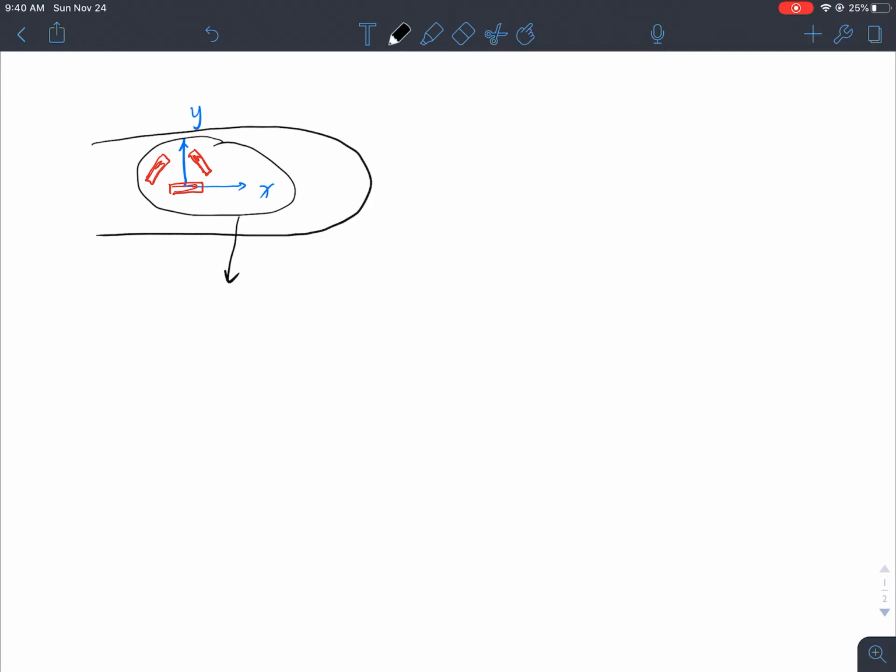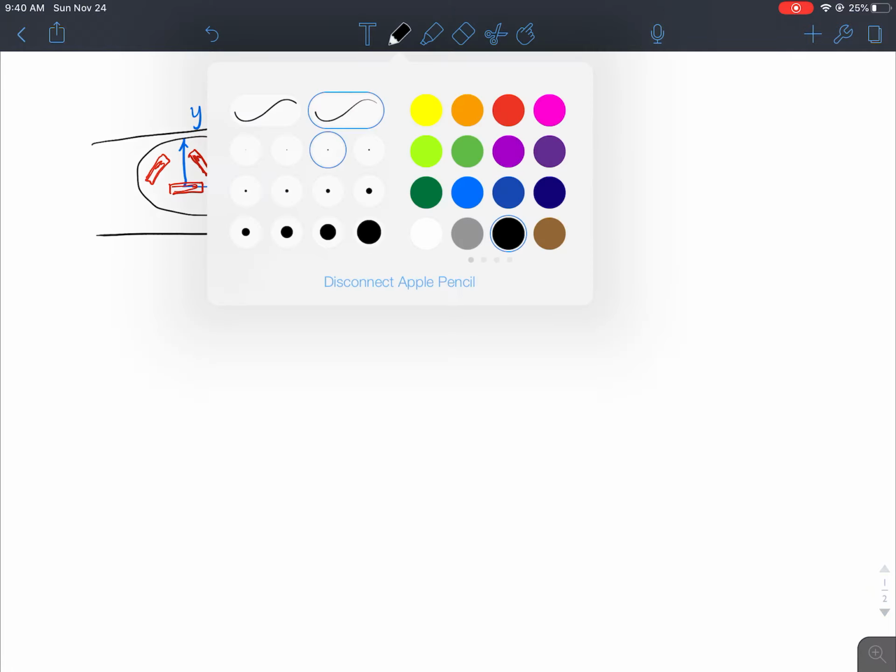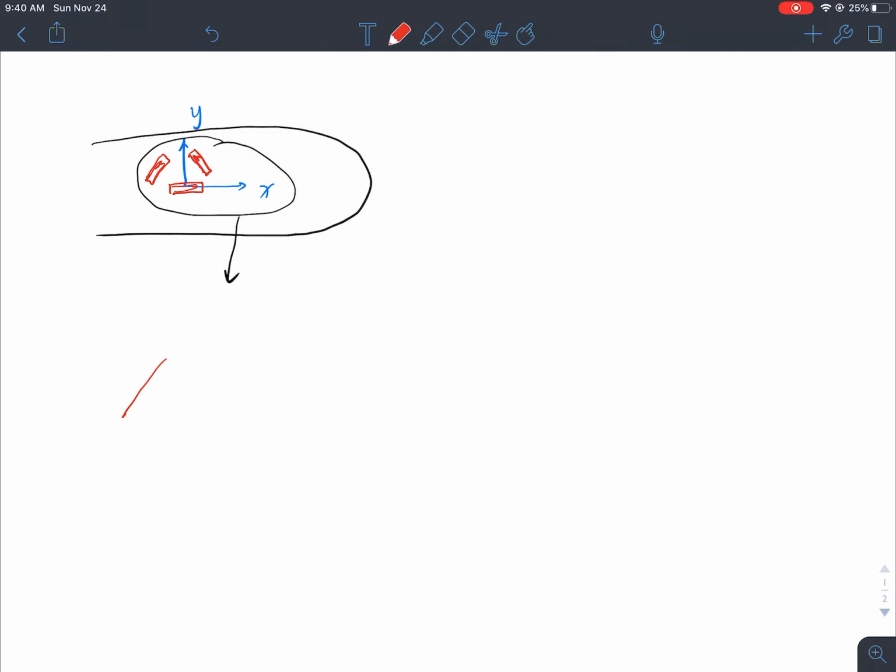If I zoom in, the strain gauge goes this way, on the bottom horizontally, and the other one symmetric, like that.